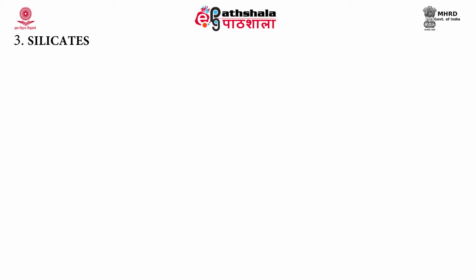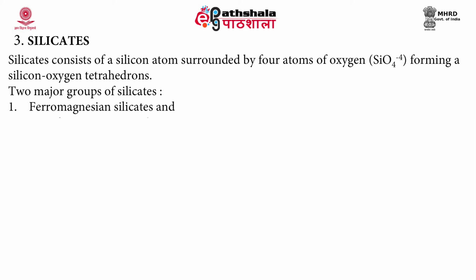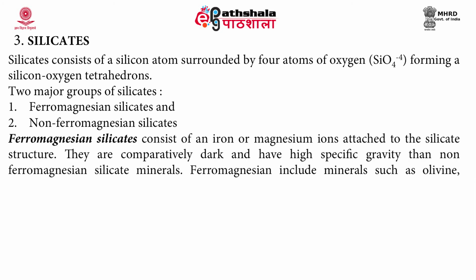Next category is silicates. Silicates consist of a silicon atom surrounded by 4 atoms of oxygen forming a silicon oxygen tetrahedron. The two major groups of silicates include ferromagnesian silicates and non-ferromagnesian silicates. Ferromagnesian silicates consist of iron or magnesium ions attached to the silicate structure.